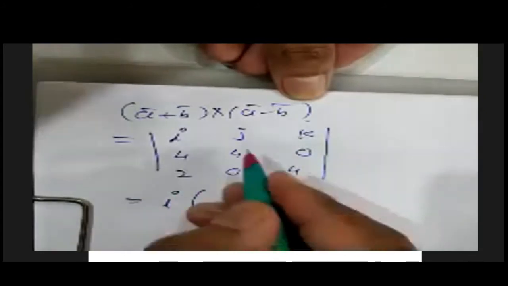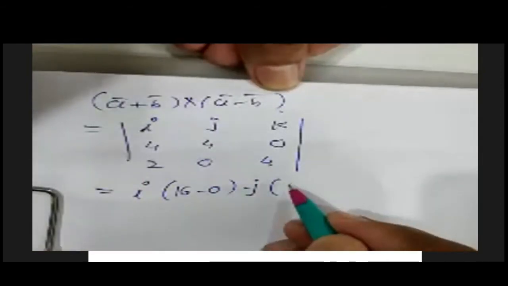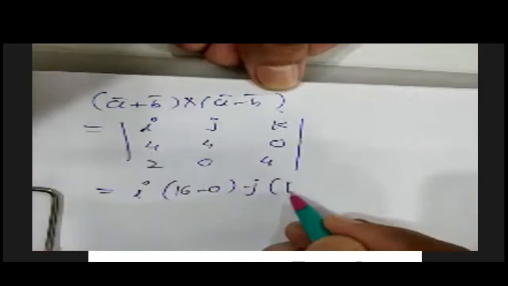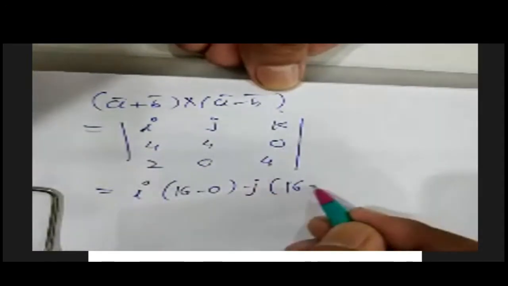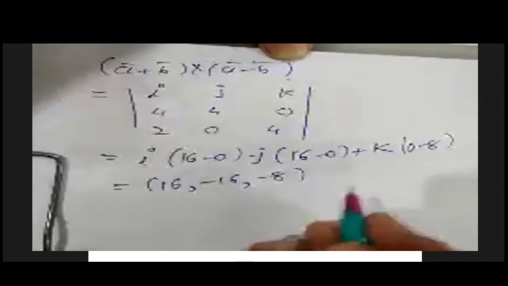So in place of i, 4 fours are 16 minus 0. And the value of j, 4 fours are 16 minus 0. Let's take k: 0 minus 8. So we are having 16, minus 16, minus 8.